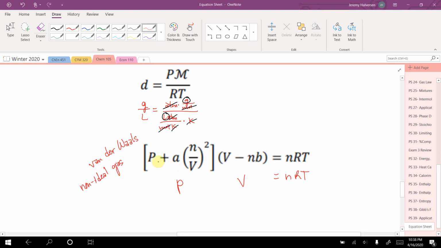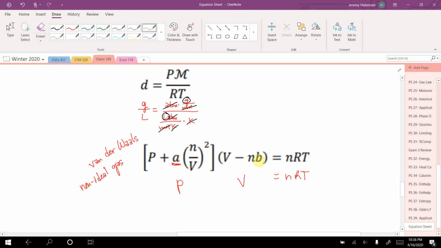And so we take the pressure and then we adjust it with this term. The reason pressure might not be what you expect it to be is because of the effect of intermolecular forces on things. And then maybe the volume isn't exactly right, because one of the assumptions of ideal gases is that the volume of the particles is pretty much zero. Well, maybe it's not pretty much zero, and so we have this term to adjust for the volume issue.